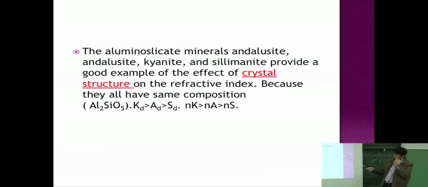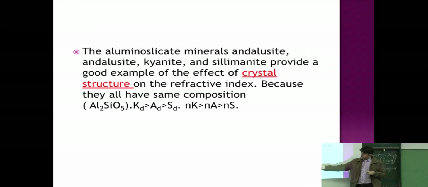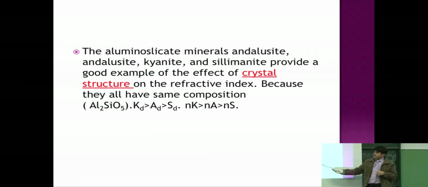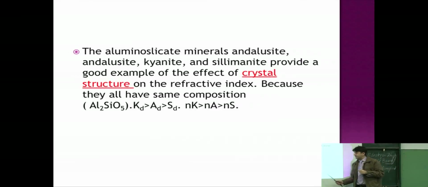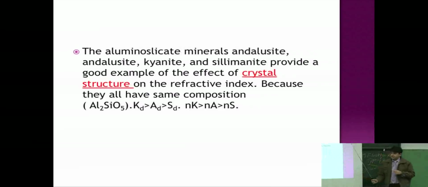So it is the same composition, but the density of kyanite is higher than that of andalusite and higher than that of sillimanite. So the refractive index, or velocity of light, in kyanite is more than that in andalusite and more than that in sillimanite.